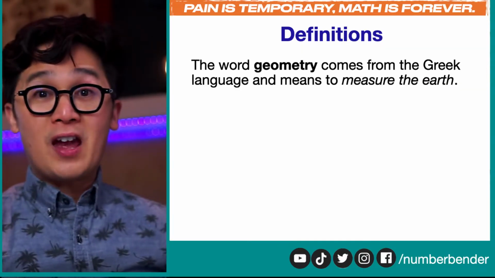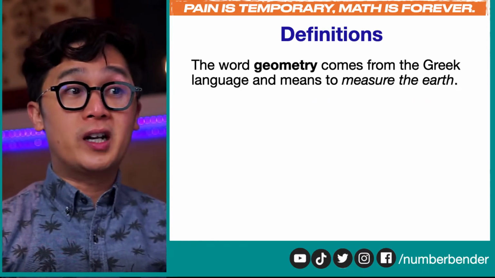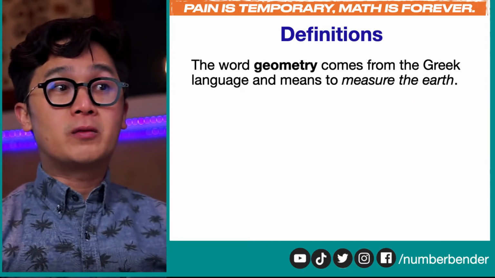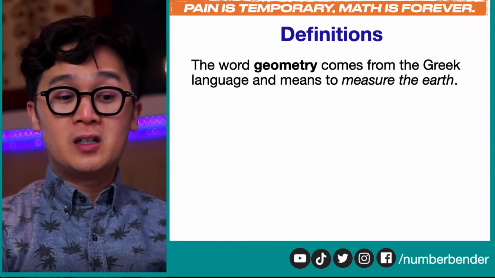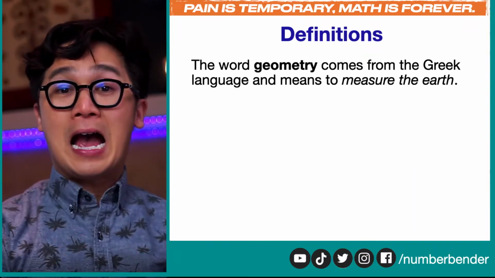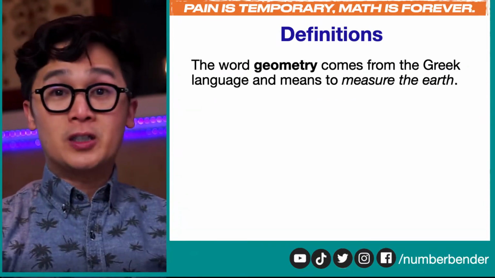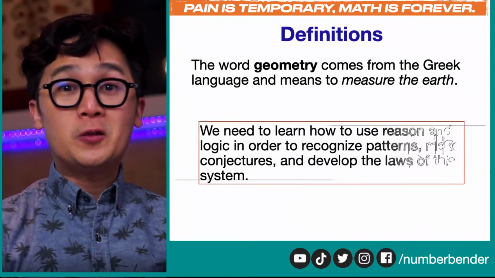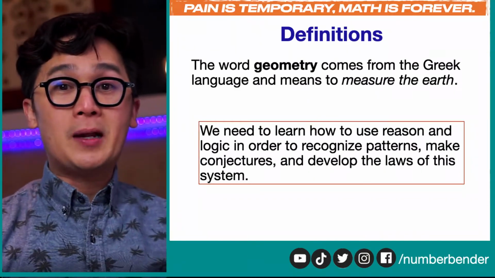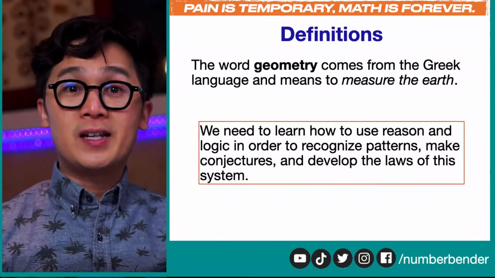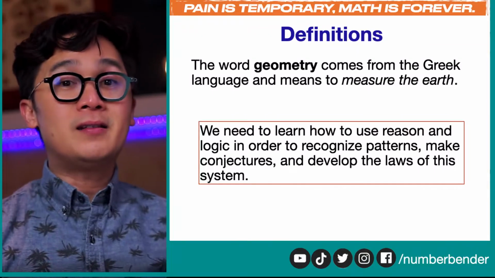So let's start with the definition of geometry. The word geometry comes from the Greek language and it means to measure the earth. And that is how we define geometry. What we're going to be using is reasoning and logic to understand patterns in mathematical problems similar to what we encounter in geometry.